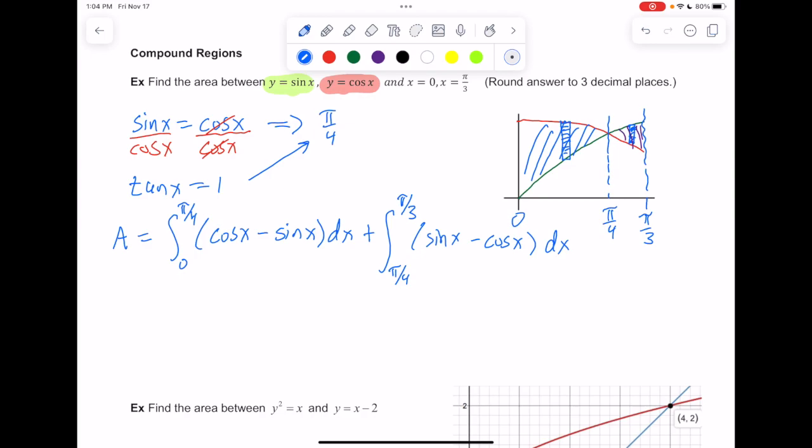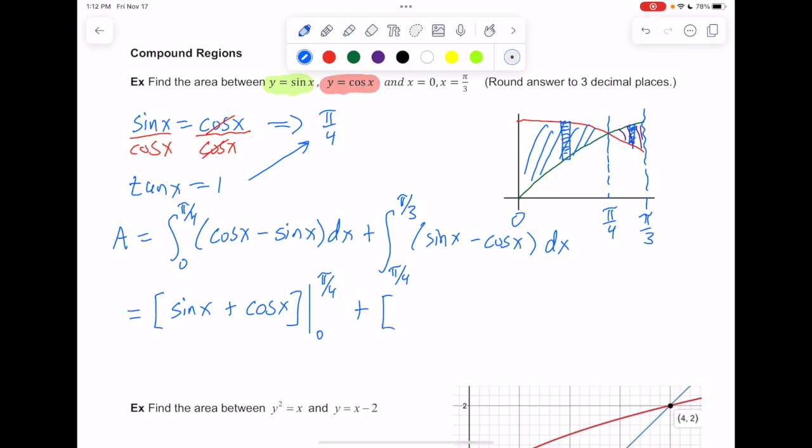When we go to find it, we would just do antiderivatives. So the antiderivative of cosine is sine. Antiderivative of sine is negative cosine, so that'll become sine x plus cosine x, and that will get evaluated from 0 to pi over 4, plus the antiderivative on the other one.